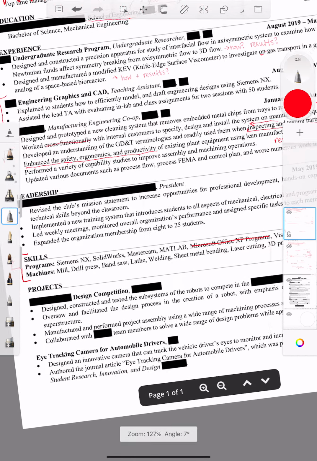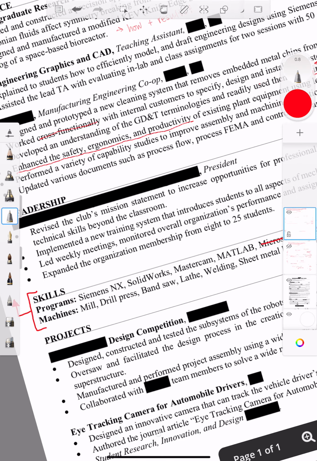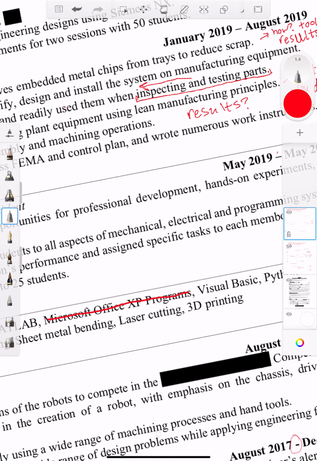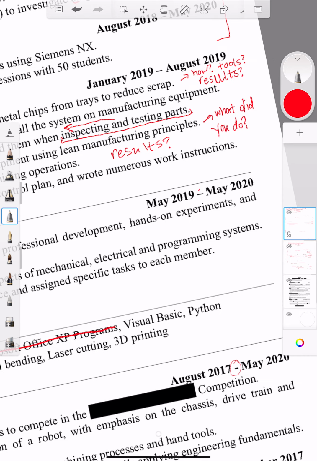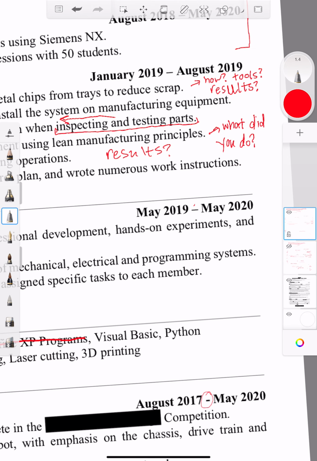Okay, updated various documents. I don't like that. Various documents is very generic. I'm just going to say updated process flow, process schema, and control plan, and wrote numerous work instructions. Numerous work instructions. I don't like numerous. Tell me how many.